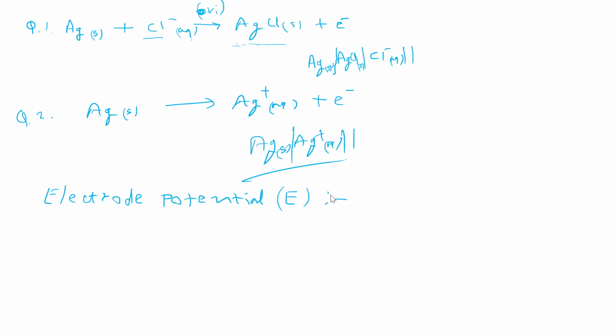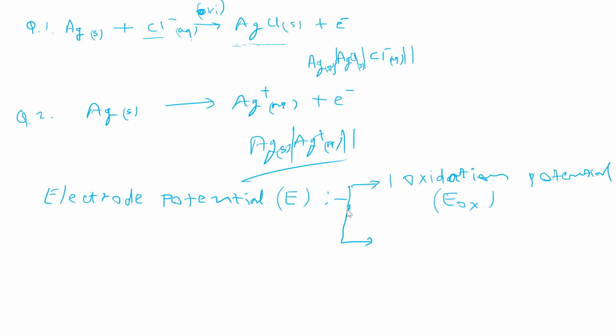Do remember this thing. Now this electrode potential can be of two types. Type number one is known as oxidation potential, and this is represented as E oxidation, or we can mention the species also, which we will discuss later.